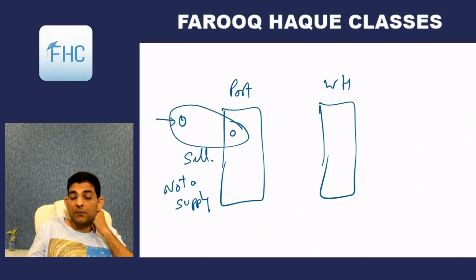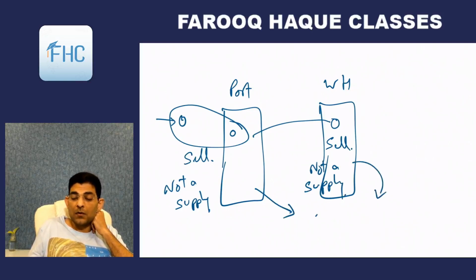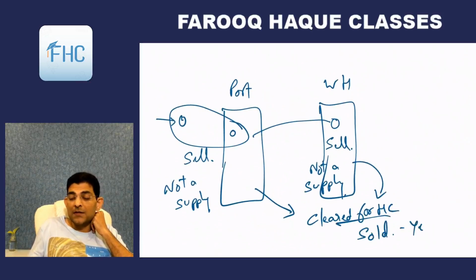Or if the goods have been transferred to the warehouse and they are lying in the warehouse, and if we sell it here, still it is not a supply. Okay. But if the goods are cleared for home consumption from the port or from the warehouse, and after clearing if they are sold, then yes, it is a supply.